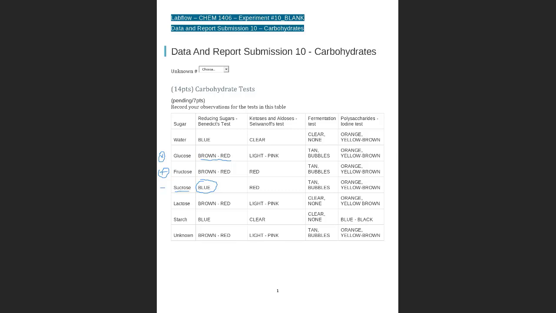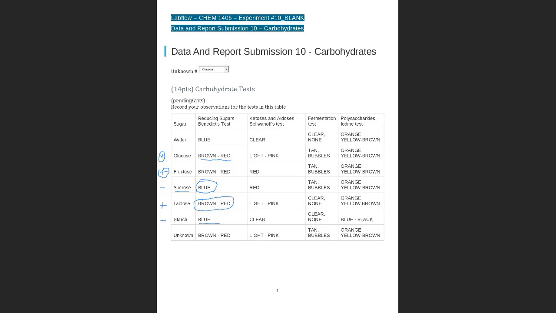So then it's a negative reaction. Lactose, it's a positive reaction because it changed the color. And the starch, blue, is a negative reaction. So this is basically what you will have to do in this report.